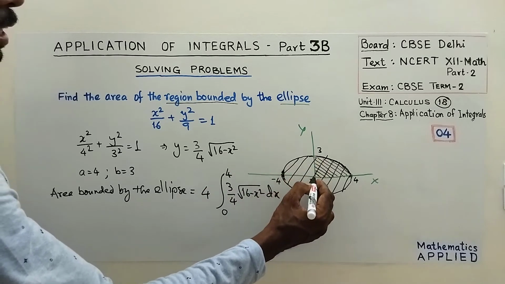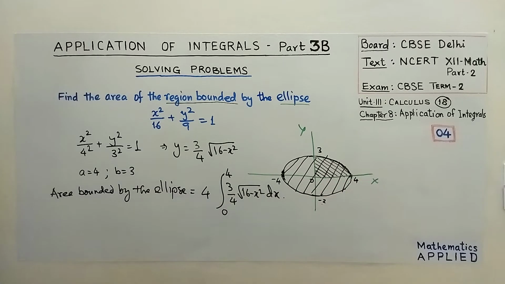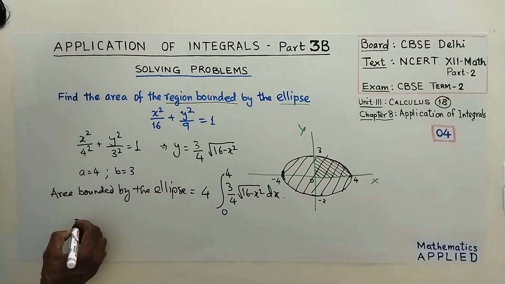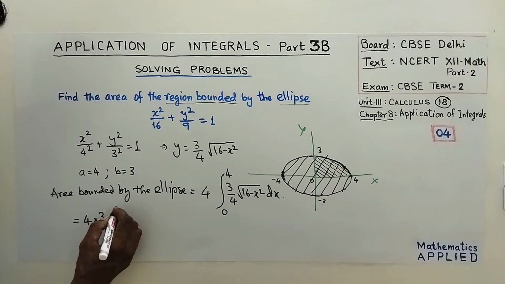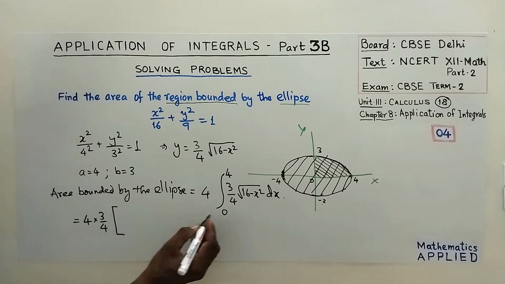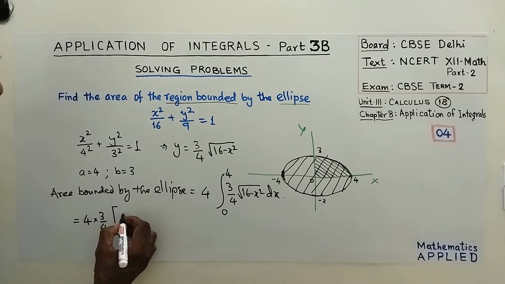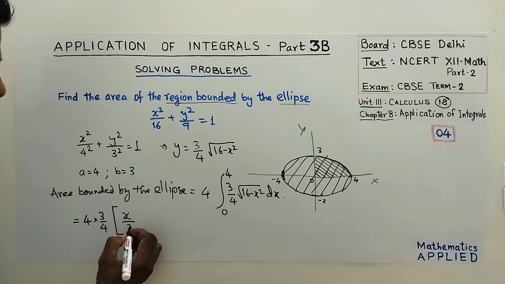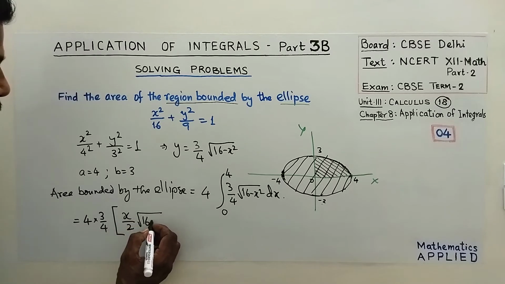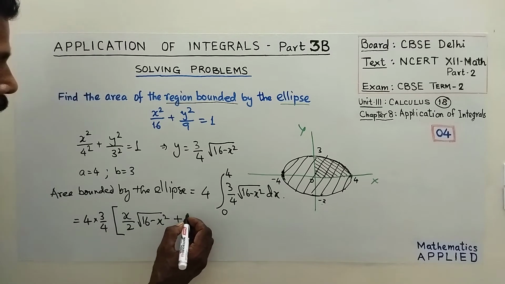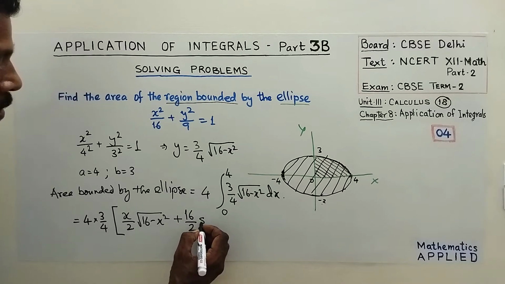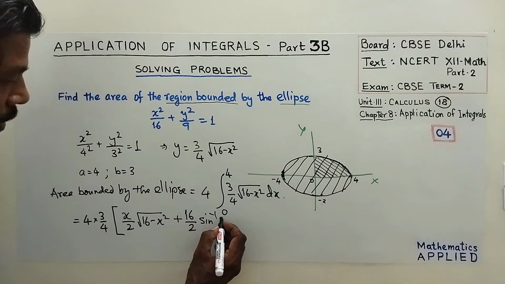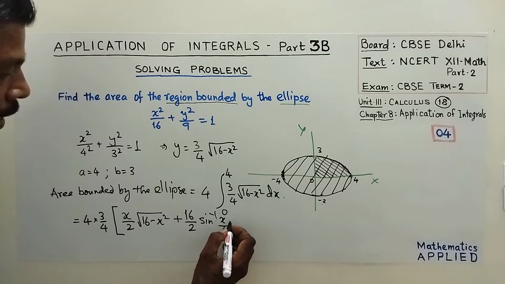This is what we are integrating, from 0 to 4 on the x axis. So that is equal to 4 times 3 by 4 times the integration of root over a square minus x square, that is x by 2 root over 16 minus x square plus a square, that is 16 by 2 sine inverse x by a, which is x by 4.